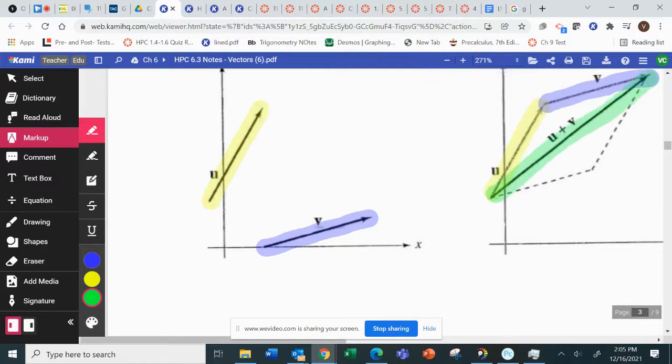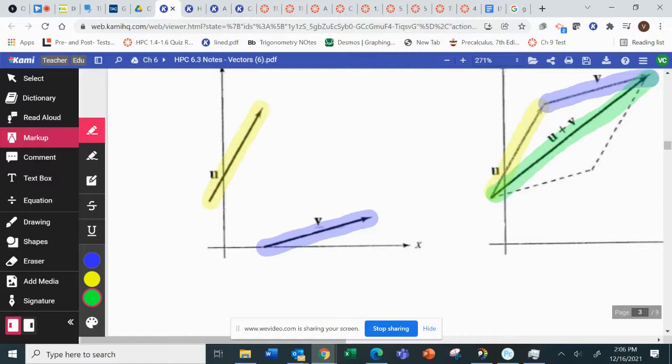It's going to have that same starting point, and then the same very final terminal point after I've added them together. That's the vector u plus v. So it keeps the same starting point. It keeps that other end point when I put them next to each other.